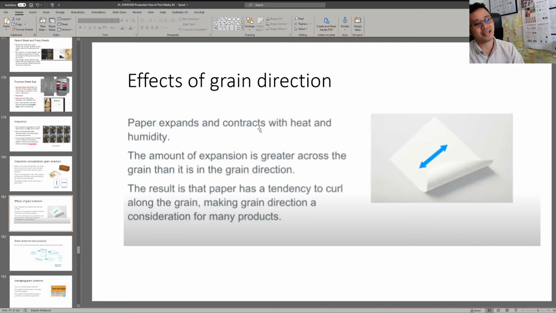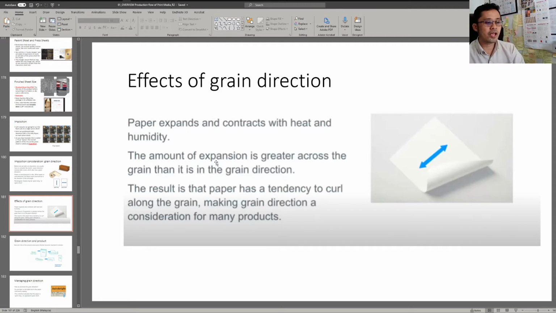Contracts, dengan kepanasan dan juga kelembapan. Jadi kita tinggal di negara beriklim khatulistiwa ni memang terdedah kepada humidity, kelembapan. Jadi ini salah satu faktor yang mempengaruhi kertas kita.